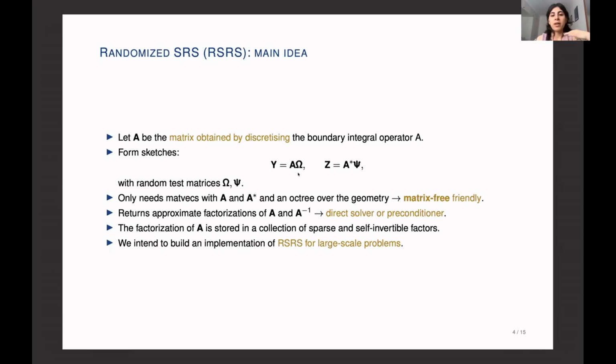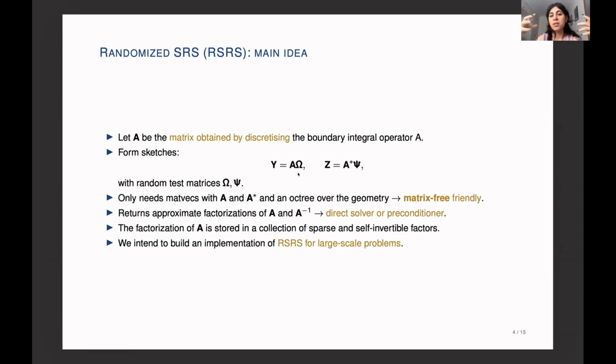And so the good thing about this is that since you are sampling the matrix, you only need to know the matrix vector product of your operator. So let's think that if you have a very large geometry, your operator might not fit in your computer.